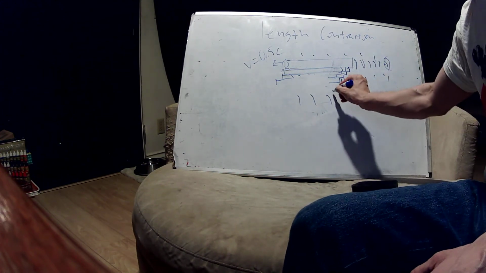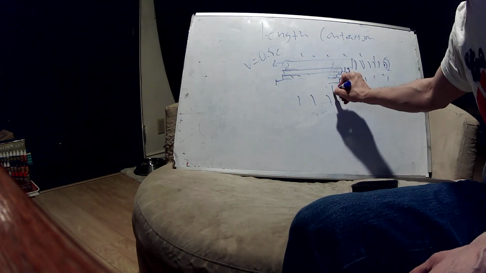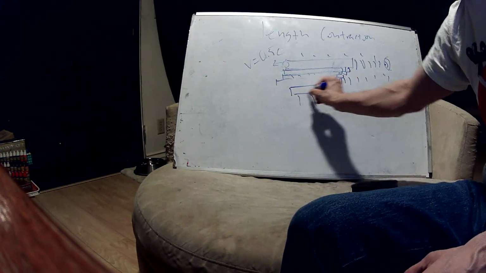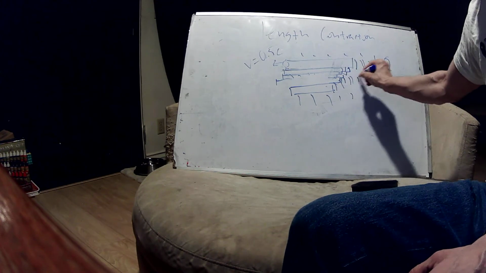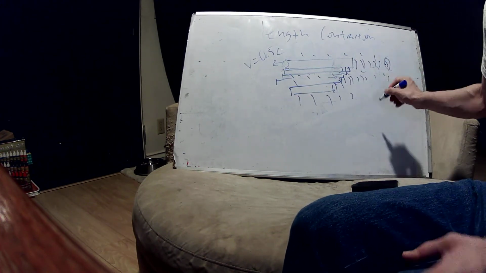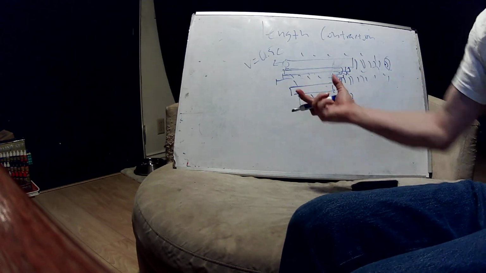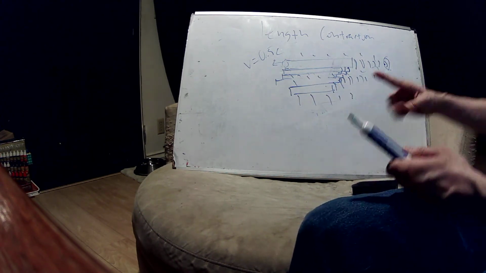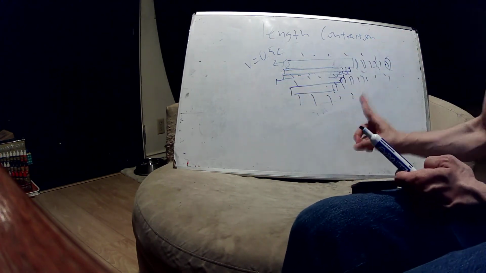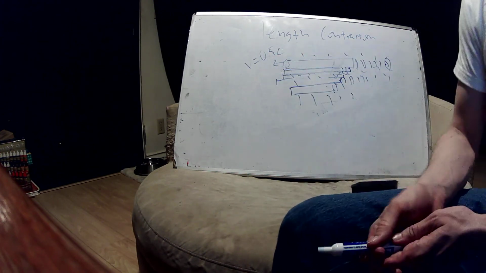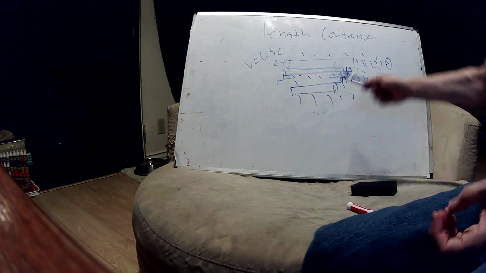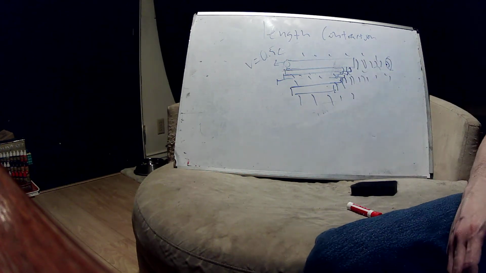And what that's going to do, because you're going to get a later time from the back and an earlier time from the front, is make it look like the meter stick is smaller, shorter, but only in the direction that it's traveling, and only if it's moving at a relativistic speed. Crazy, right? We call that length contraction.